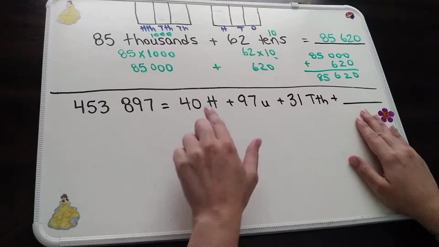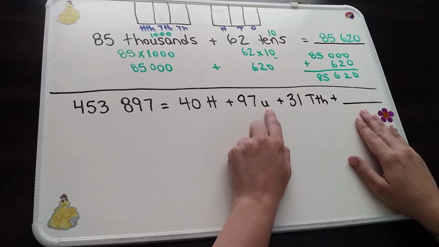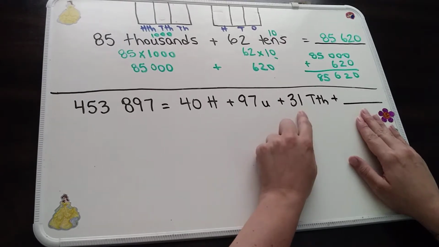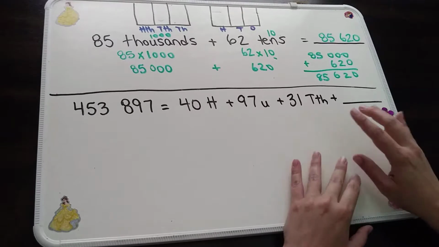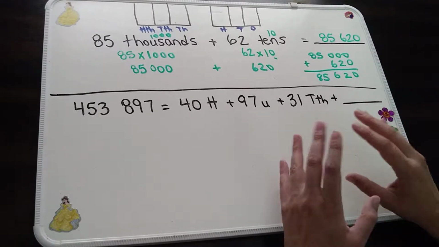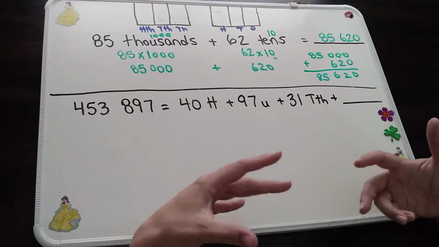453,897 equals 40 hundredths plus 97 units, or 97 ones, plus 31 10,000ths plus something. Now, this often confuses people only because it's not the way we're used to seeing operations.